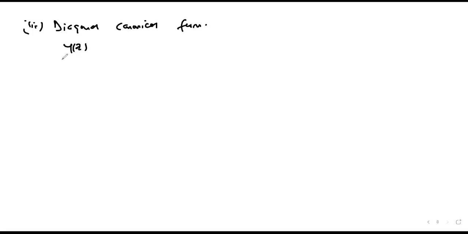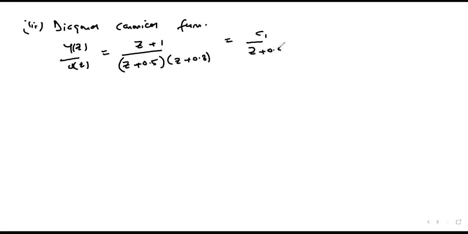Our y of z over u of z can be written as (z plus 1) over the factors of the denominator, which are (z plus 0.5) into (z plus 0.8), which we can write as the constant C1 over (z plus 0.5) plus C2 over (z plus 0.8).